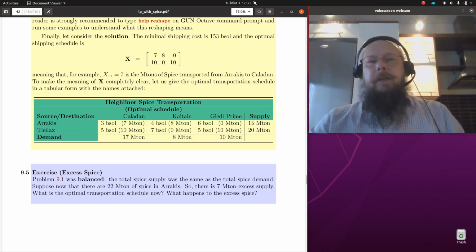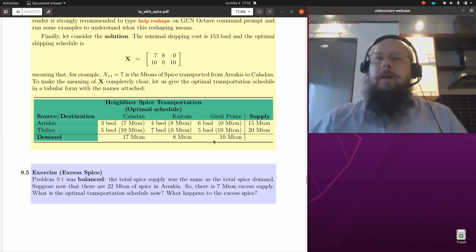It's 15 plus 20. I think it's 35 if I calculate it correctly. And what is the total demand? It's 17 plus 10, 27 plus 8, which is 35. That's interesting. So the total supply and the total demand here are the same.